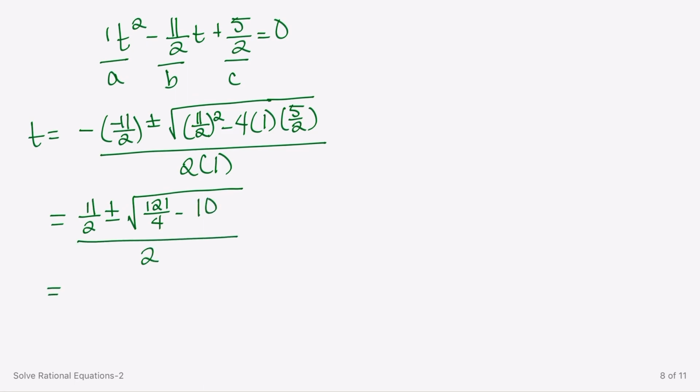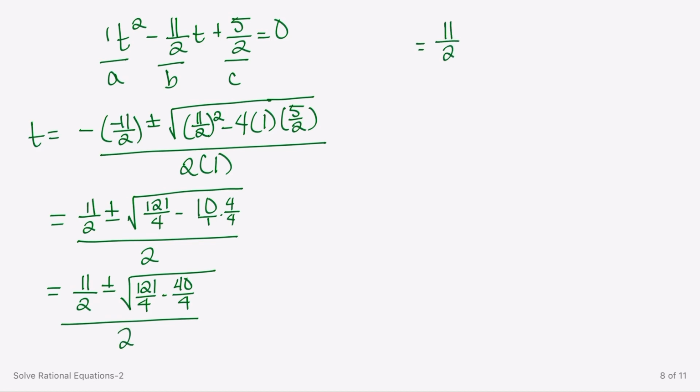So we have 11 over 2 plus or minus the square root of 121 over 4 minus, let's get a common denominator, so I'm going to multiply this by 4 over 4. So we have minus 40 over 4, and that's all over 2. And so now we have 11 over 2 plus or minus the square root of, let's see, 121 minus 40 is going to give us 81.